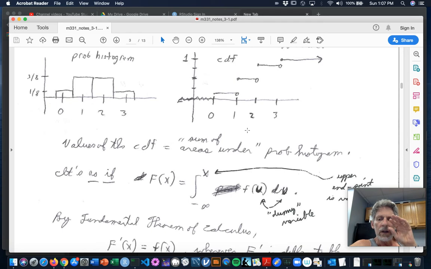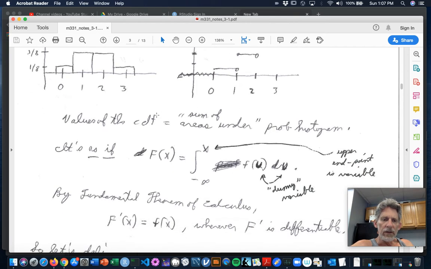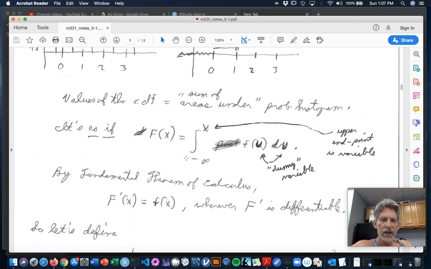And so the CDF is going to be able to get bigger and bigger all the time, with maybe none of these intervals where it stays flat. It's going to be as if capital F of x, the CDF, is a sum of areas underneath some function that's like a PMF.